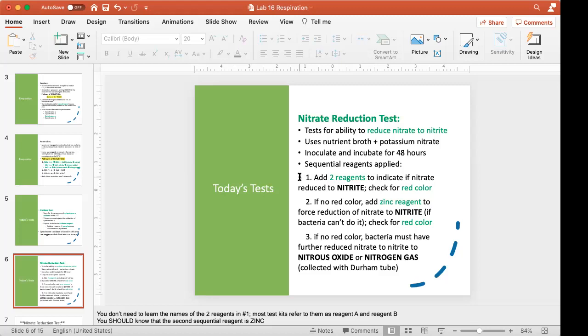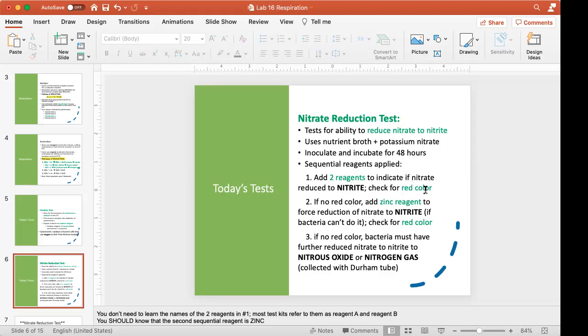Now, when you pull that tube out of the incubator, the first thing you're going to do is add 2 reagents. 2 reagents get added in right away, dripped into the tube, and we look for a color change to red. If the tube turns red when you add those first 2 reagents in, you know that there is nitrite in there, and you have a positive test.